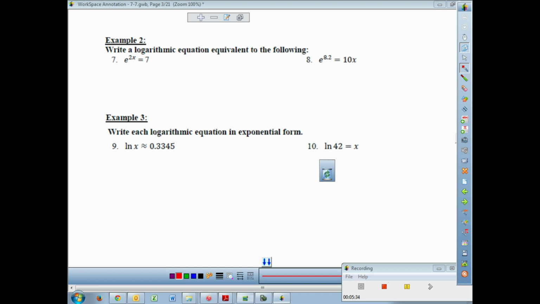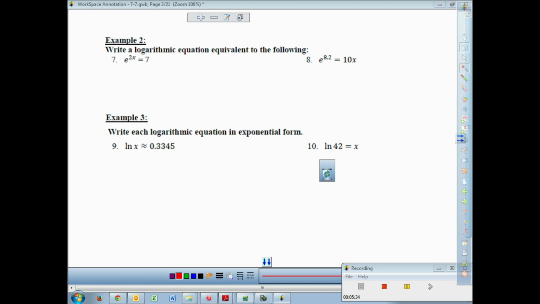It says write a logarithmic equation equivalent to the following. So this is exponential, correct? Isn't the x up in the exponent? They want us to write it as a logarithm. But my friends, what's the base of these problems? e. So don't use log, use natural log instead.